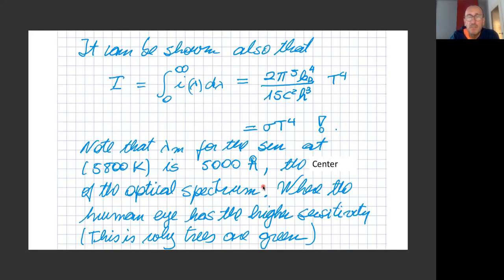Well, that's adaptation. And this is why trees are green, because they collect very efficiently the light from the sun, which has a maximum at that particular energy.